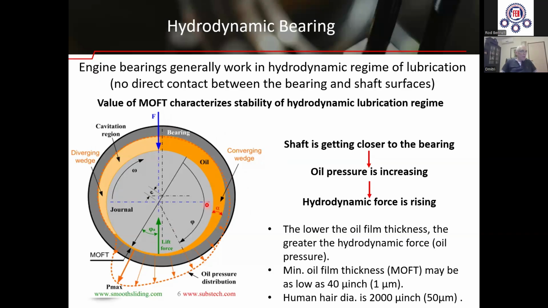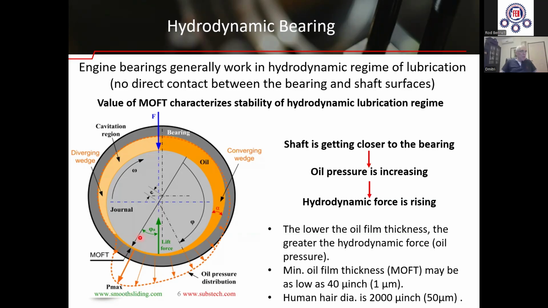The oil pressure in the convergent wedge increases in the rotation direction, and it reaches maximum somewhere here, where the thickness of the gap between the shaft and the bearing surfaces reaches the minimum value. This gap is called minimum oil film thickness, or MOFT.